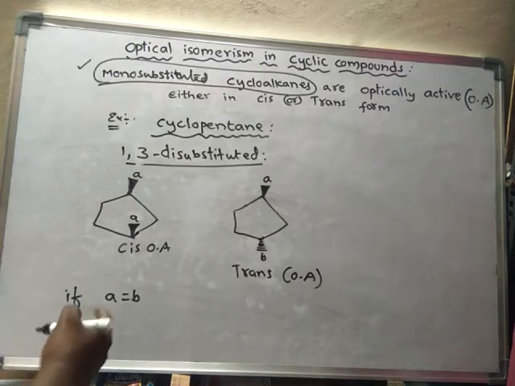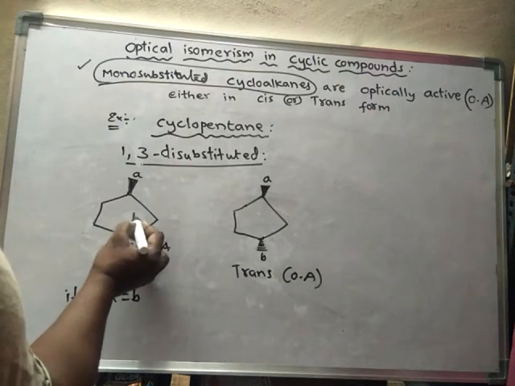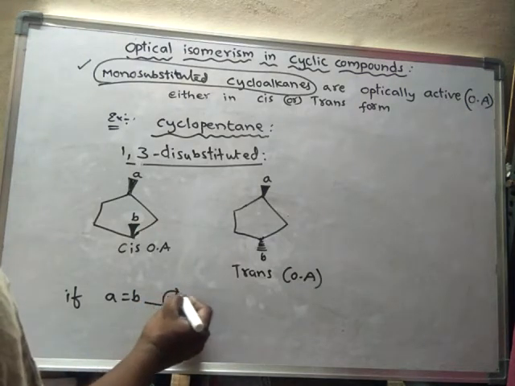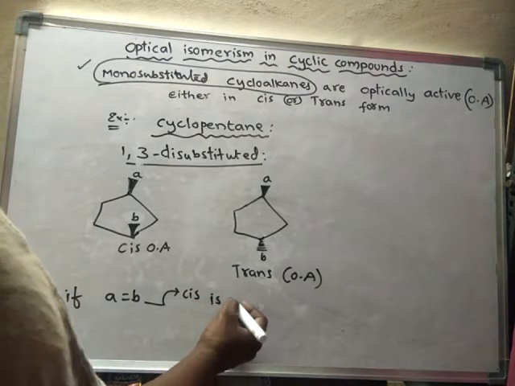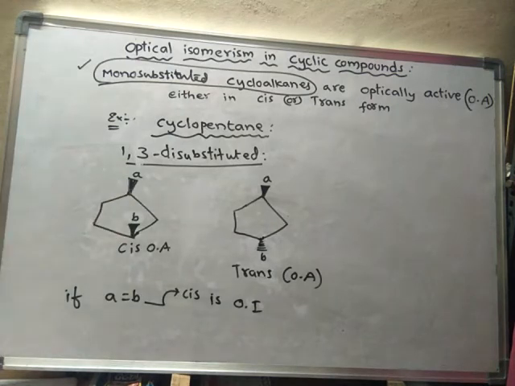Hence, in case A is equal to B, then the cis form is optically inactive because a symmetry element is present.